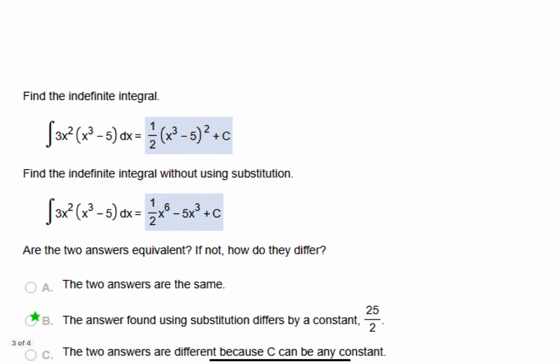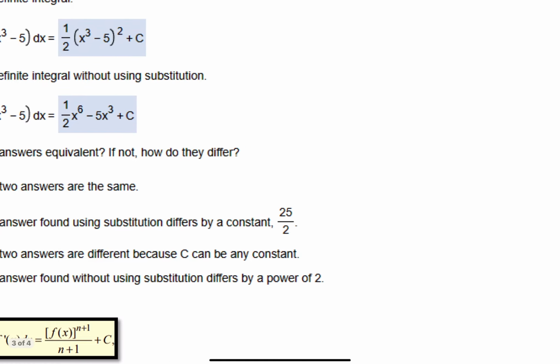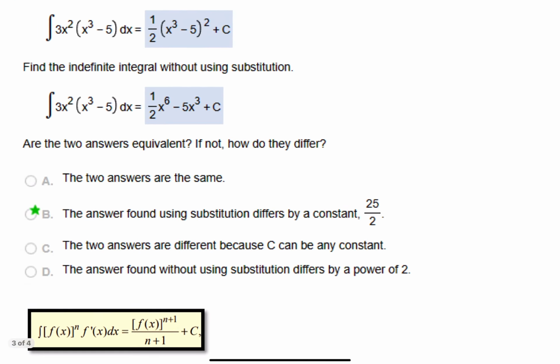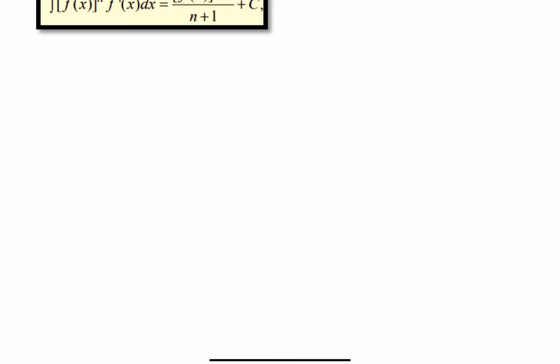Now, let's go ahead. For this one, I need space. So let's see. To answer this one, what was that? That was the integral of 3x squared times (x cubed minus 5) dx.